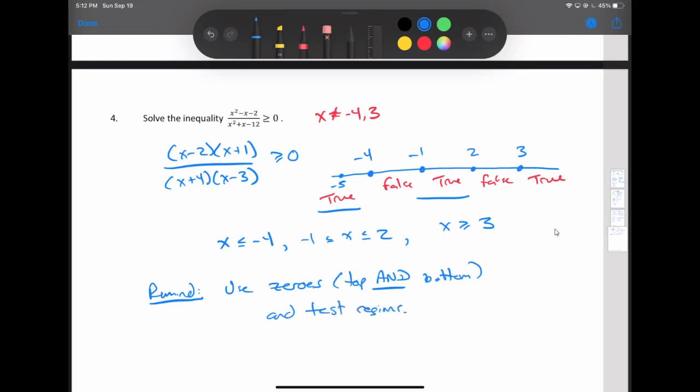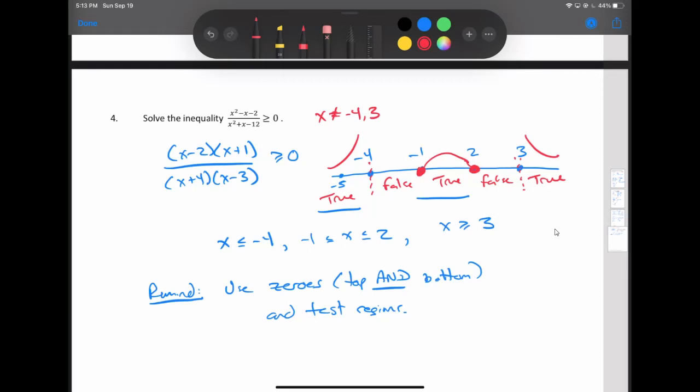And if you like, I've seen people that do this, and sometimes I've done it too. I'll remind myself that the -4 is an asymptote, and the 3 is an asymptote, and that those 2 points are zeros. So essentially the graph is doing something like this.